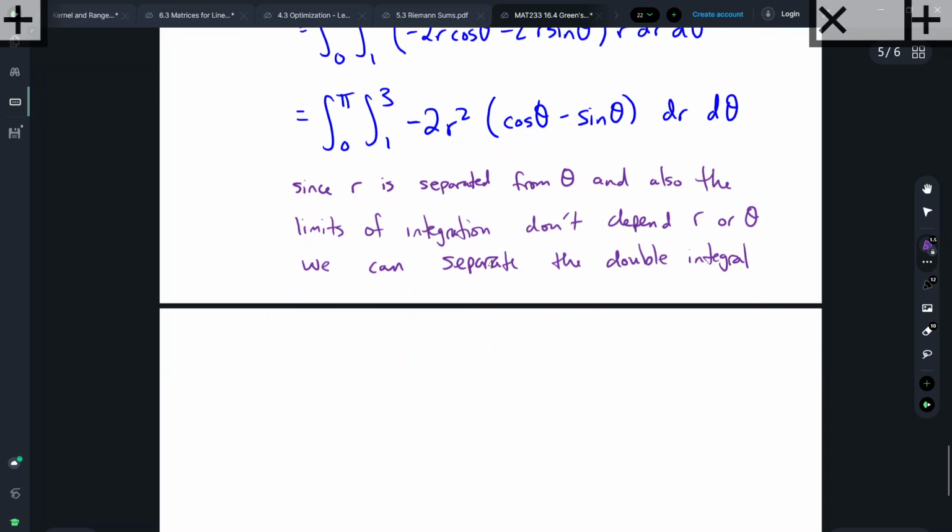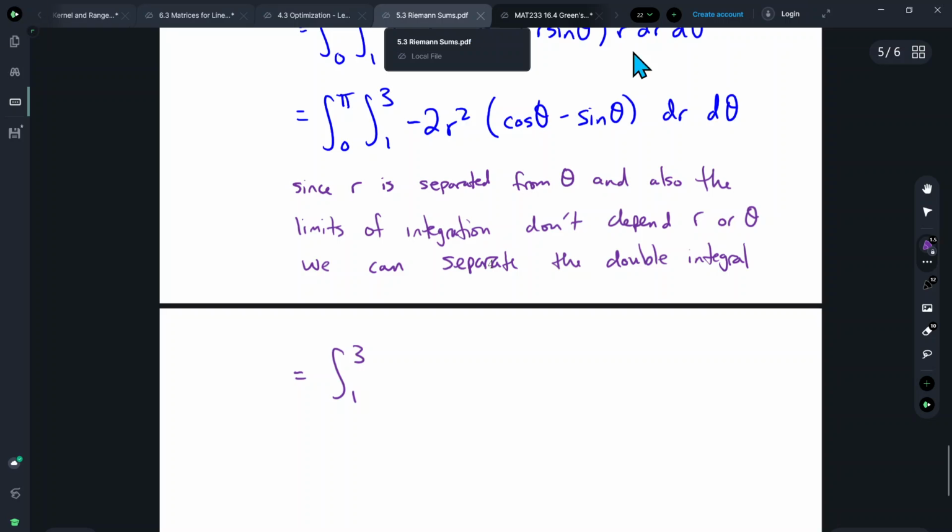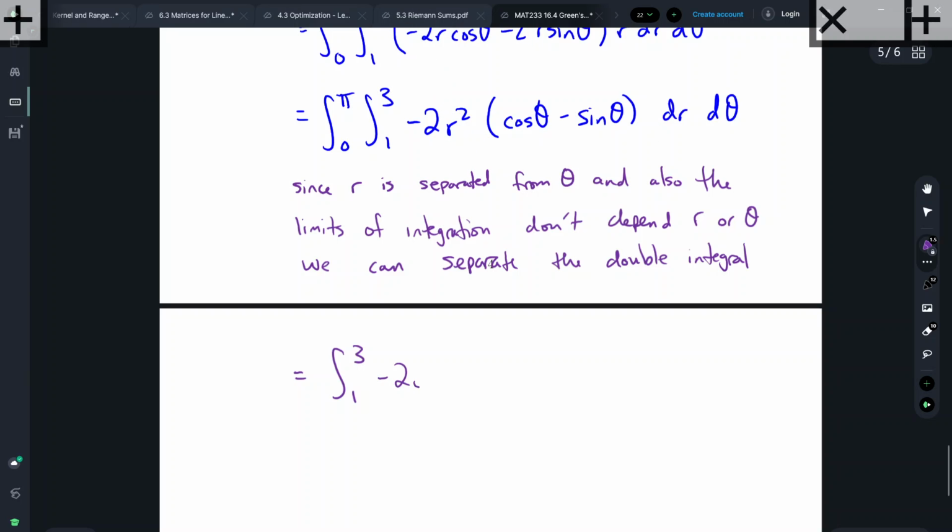Okay, so what do I mean by this, right? Here the integral with respect to r goes between 1 and 3. So what are the things for r? You have this minus 2r squared, right? That has already been separated from this thing. And then I can also separate the dr. So that's one calculation. And then the other calculation is for theta.